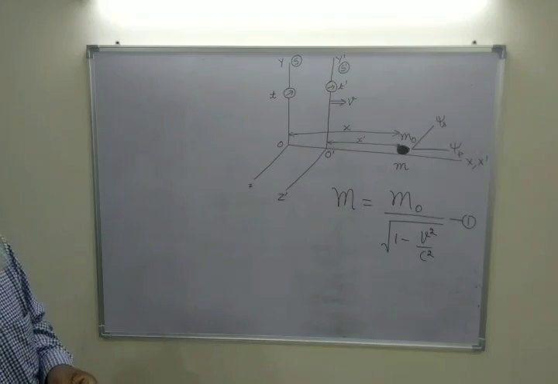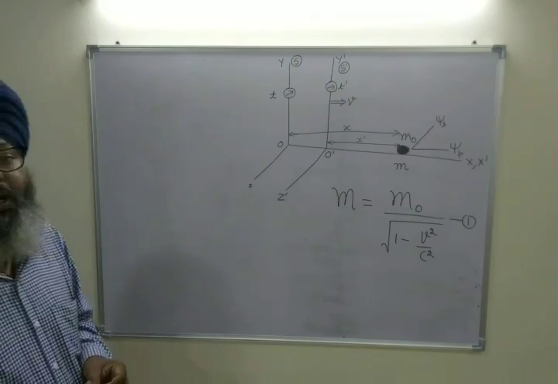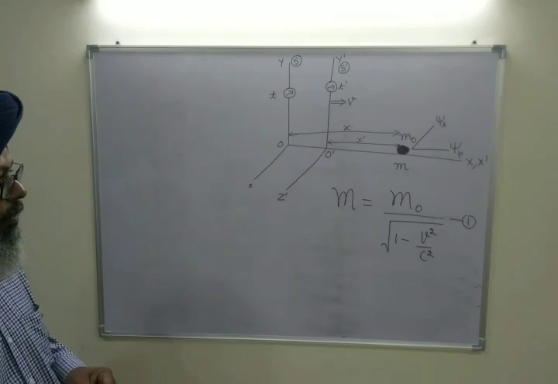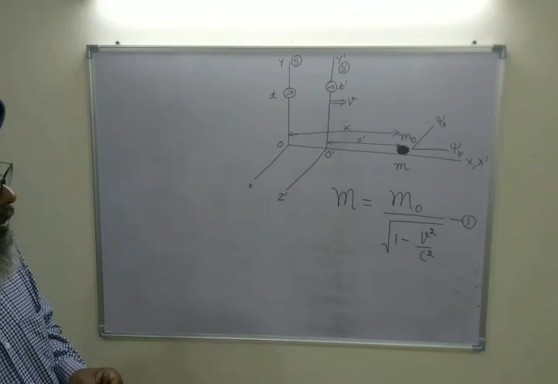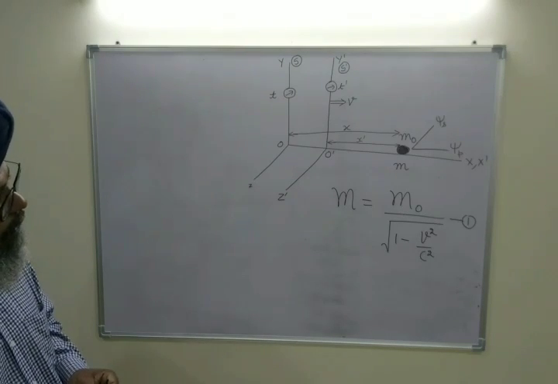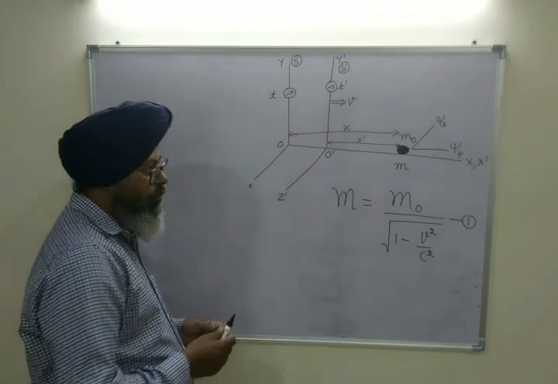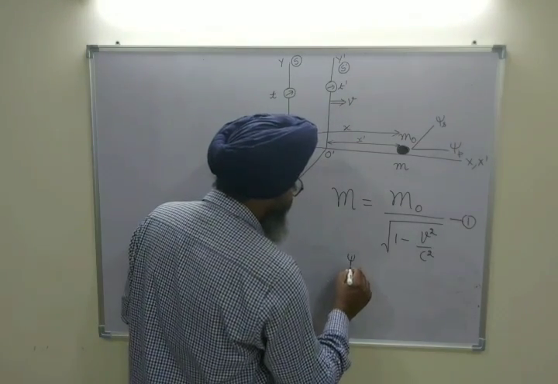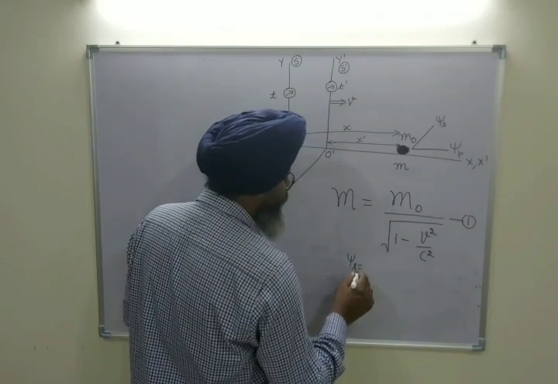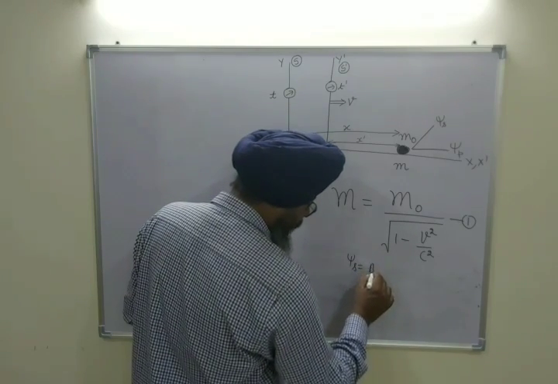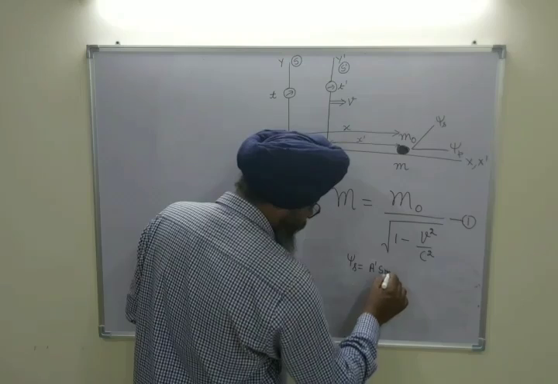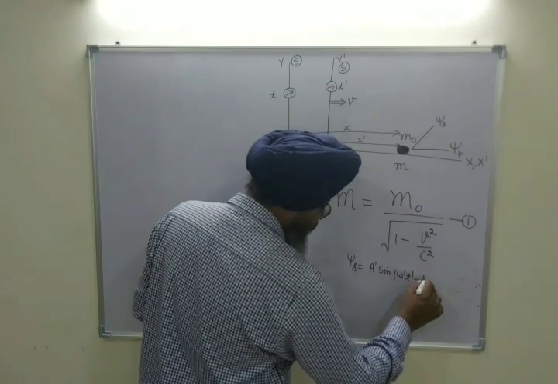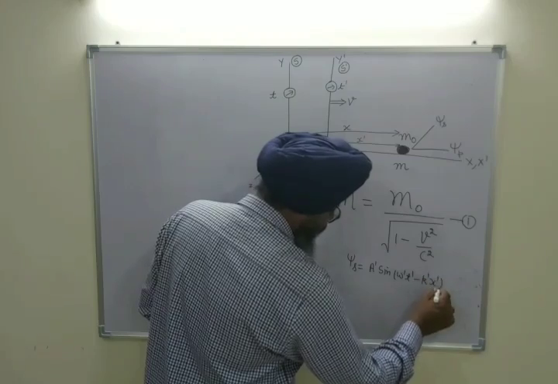And what is the difference between the forms of psi S and psi P? I have already written it. You might have noted it down. Okay, for the starting point, let us assume that the wave function attached with the object in the frame S dash is given by psi S equal to A dash sine of omega dash t dash minus k dash x dash.